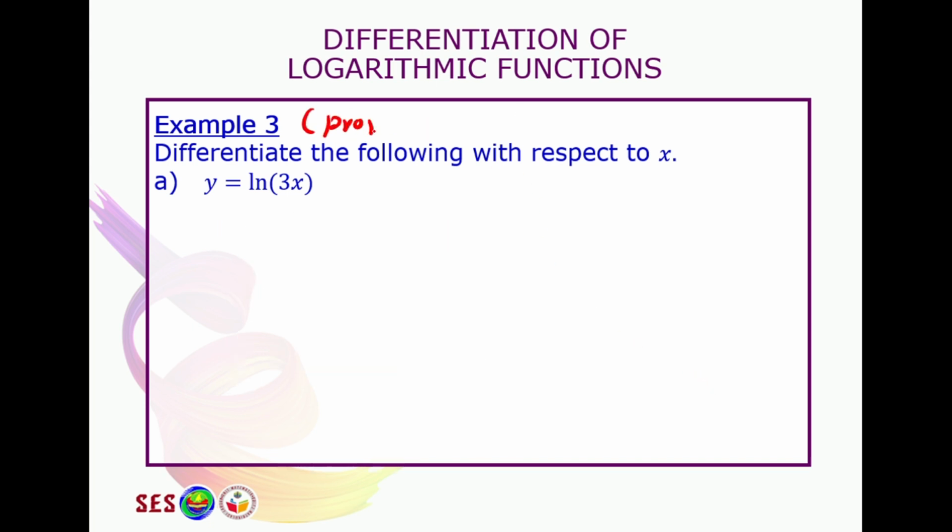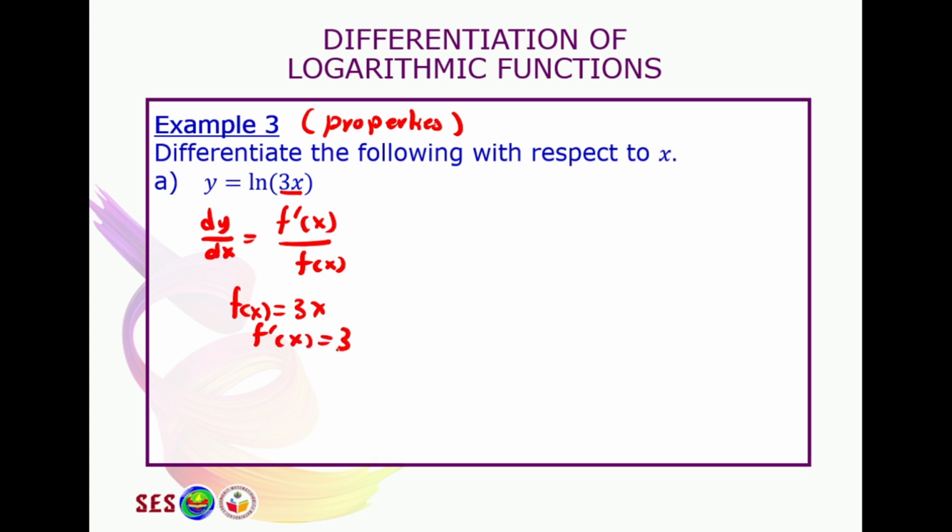Let's try with another method, the property. To differentiate, if we see here it is a logarithmic function, we should get f prime x over f(x). What is our f(x)? It is the function inside the ln, so f(x) is equal to 3x, and f prime x is equal to 3.